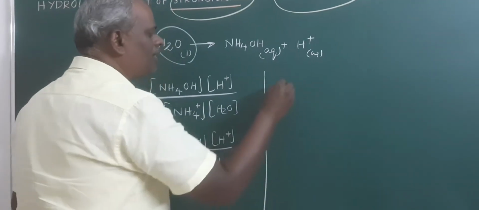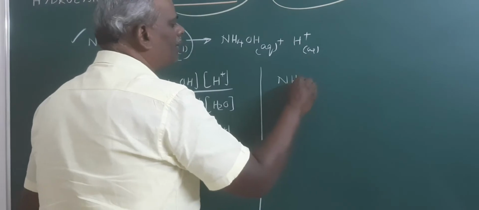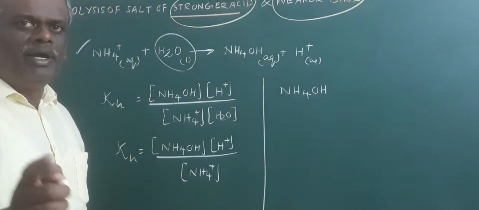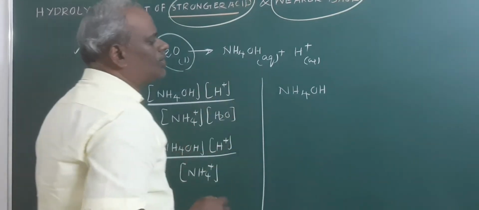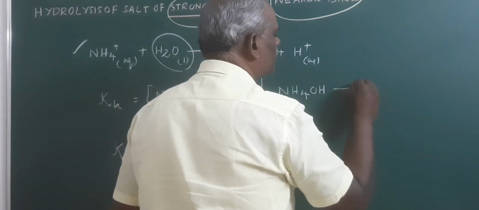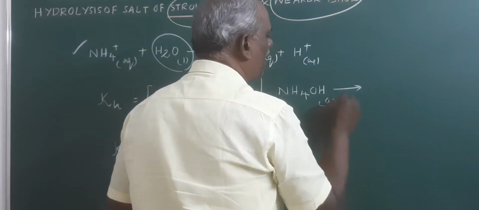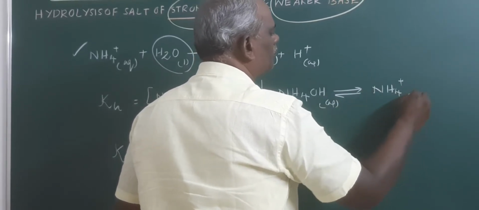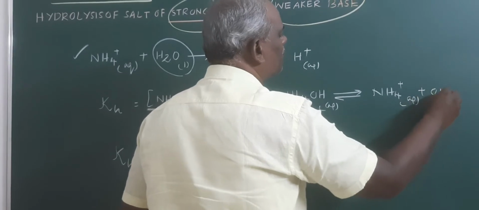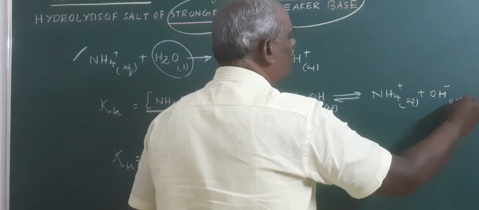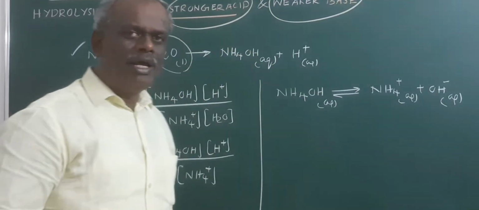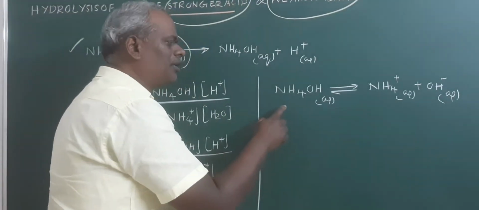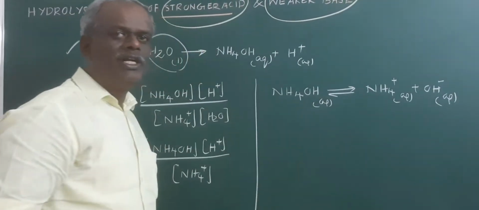Now consider this weaker base NH4OH. This is the base responsible for obtaining this salt. When it is dissociated, we have the NH4 plus ion and then OH minus ion. As this is a weak electrolyte, there is an equilibrium between the undissociated molecule and the dissociated ions.